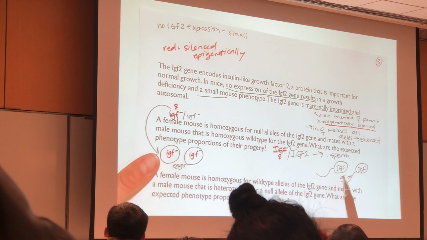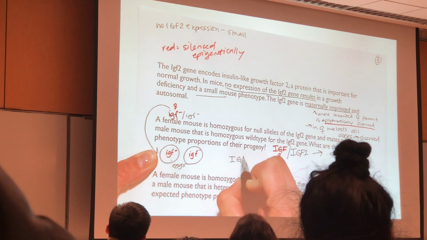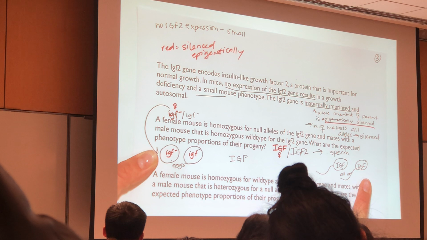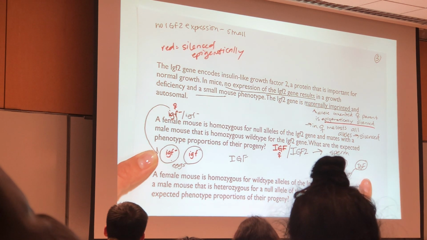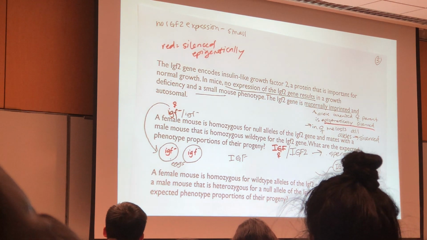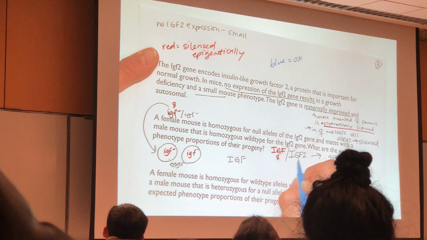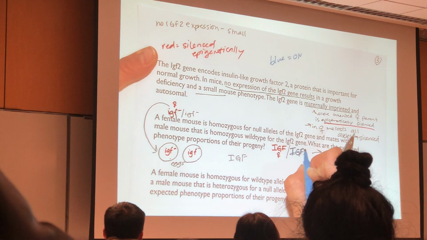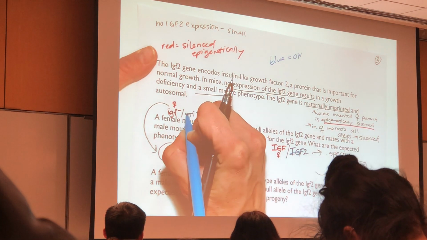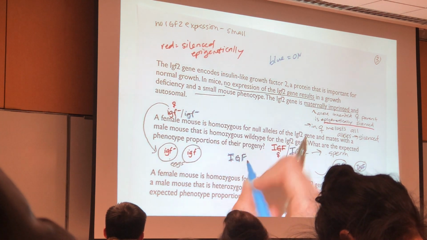So if this sperm fertilizes this egg, all progeny are going to get a wild type allele of IGF2 from dad, and it's going to be transcriptionally active. We'll do blue, on. The allele they inherit from the male parent will be on.